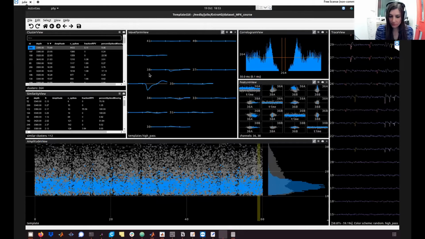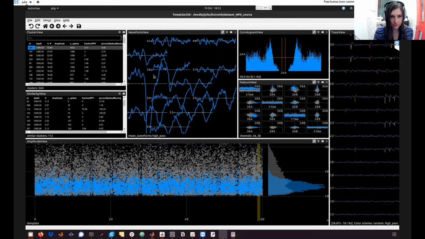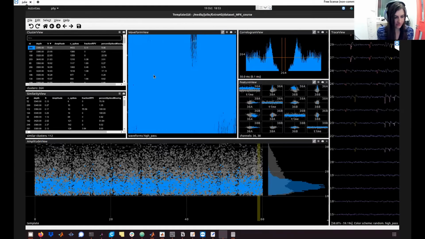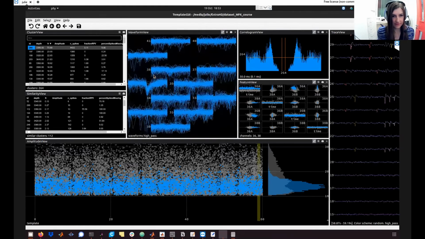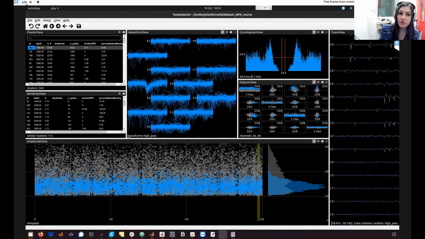So, for example, for this unit, if we go back to looking at the raw waveforms, the waveforms do look neuronal. We do see spatial decay, and there is one nice trough and peak. It does have a neuronal shape, so this is probably not noise.